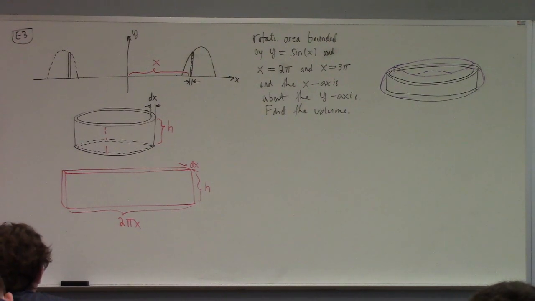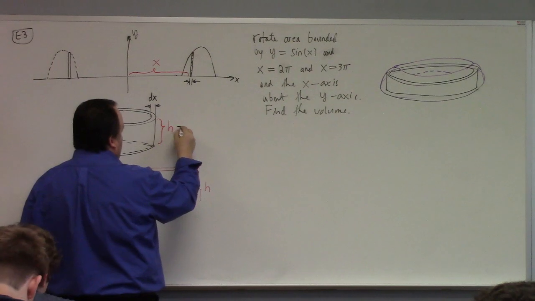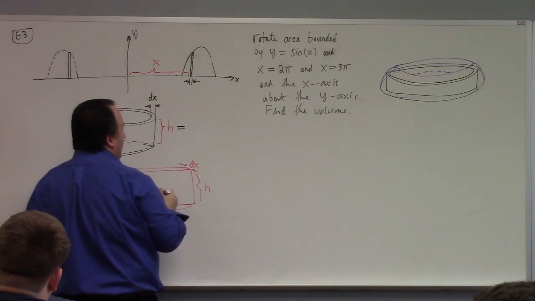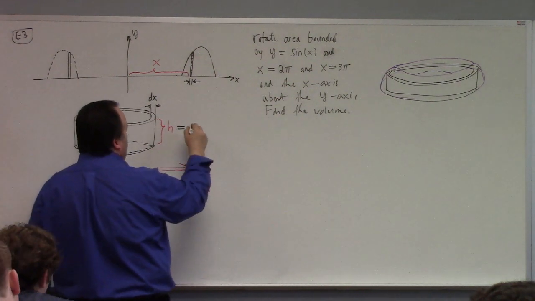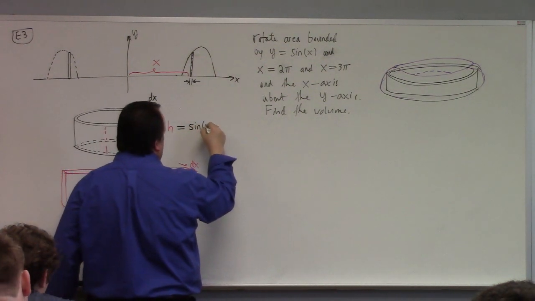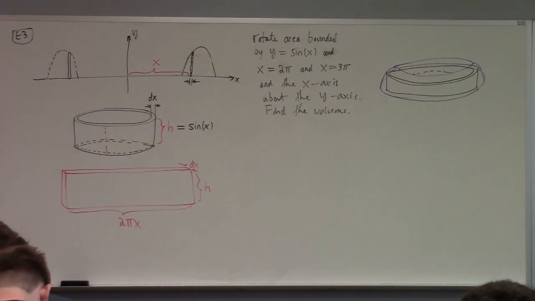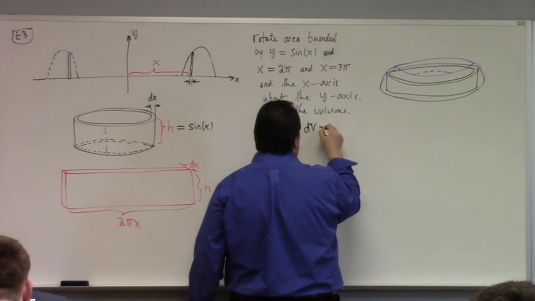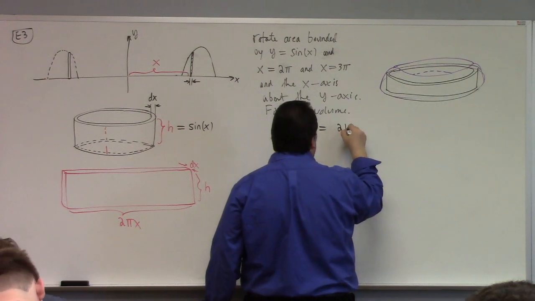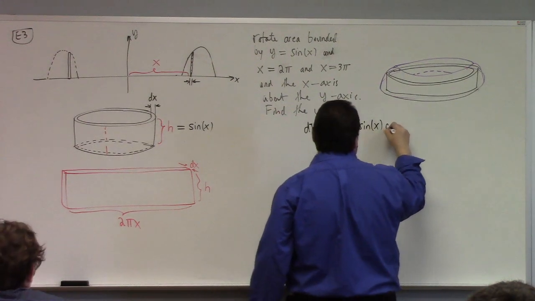It's sine of x. It's y. And so the little bit of volume is dV equals 2 pi x times sine of x dx.